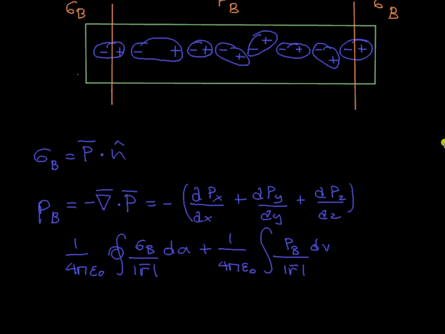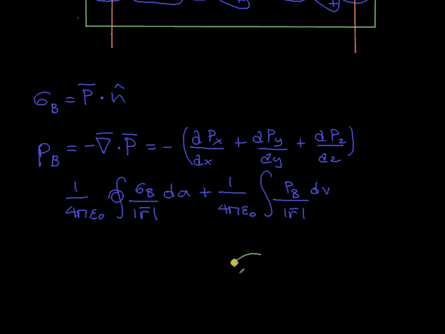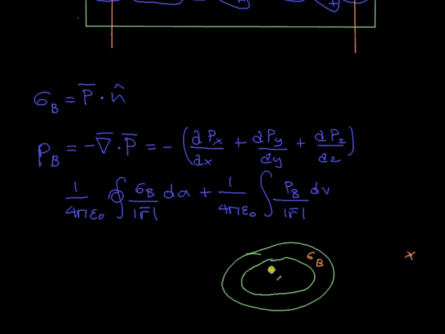Now if I can do a little bit better 2D picture. All right, this allows me to say, okay, you can think about what the charges on the surface contribute to your observation location, and you can also think about what the volume polarization charges contribute to your observation location, and then you can just add those two contributions.